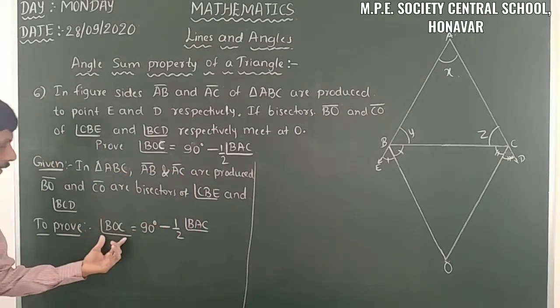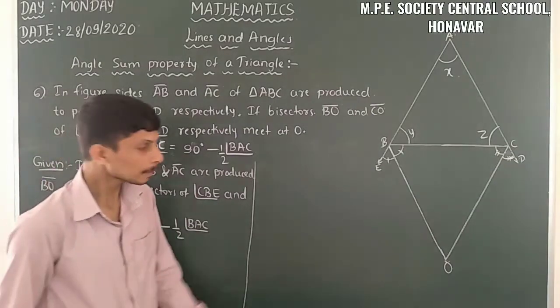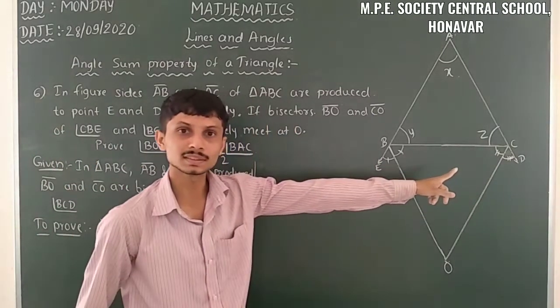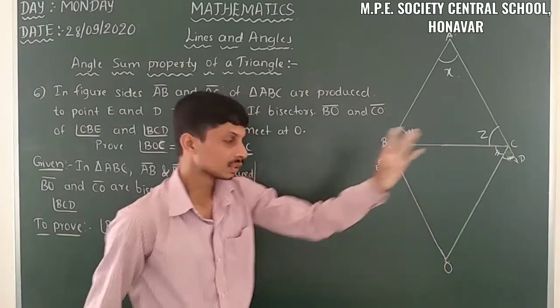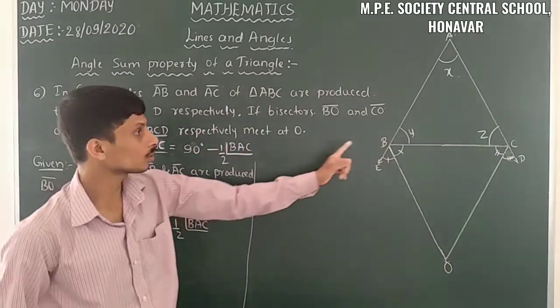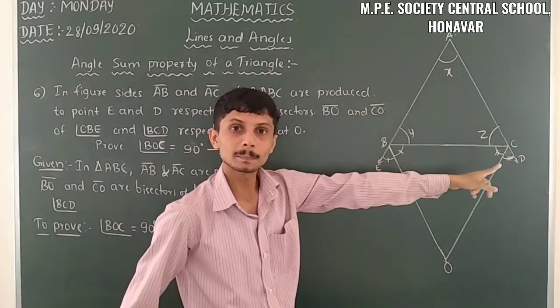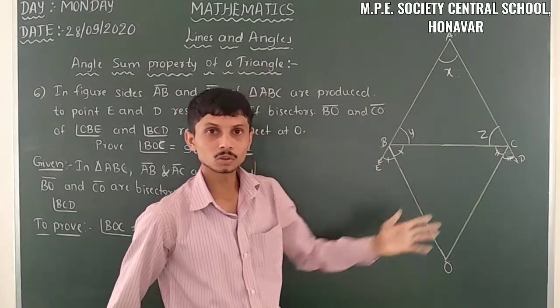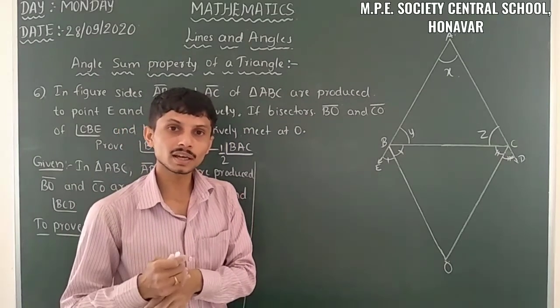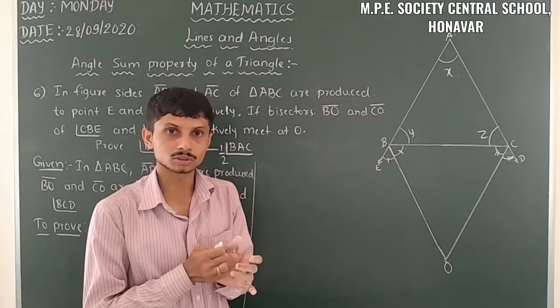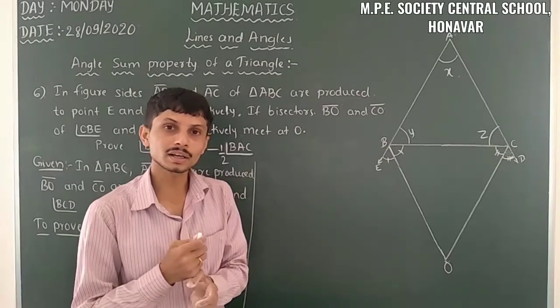So just observe angle BOC. Angle BOC is part of triangle BOC. Yes. And angle BAC is part of triangle ABC. So here we have different angles. That's why we have to connect those things. So how can we connect those things?